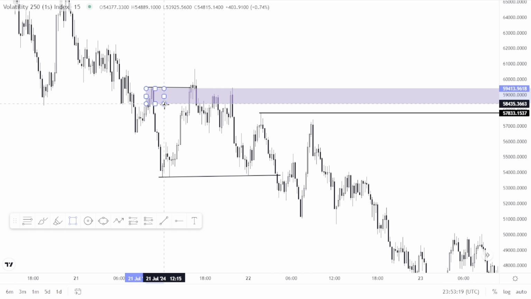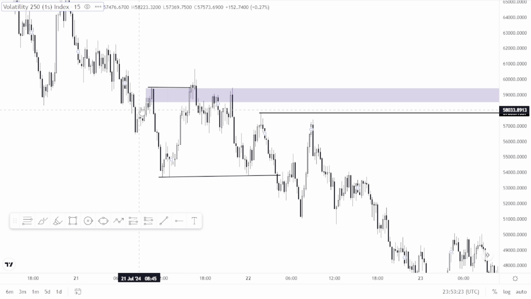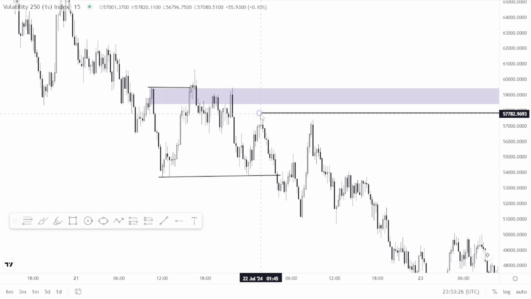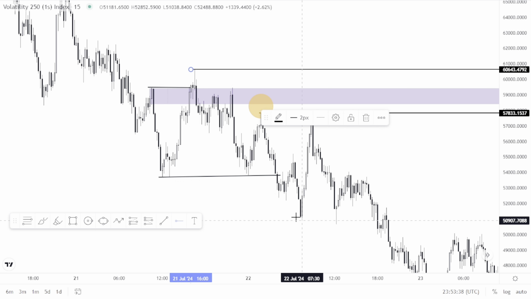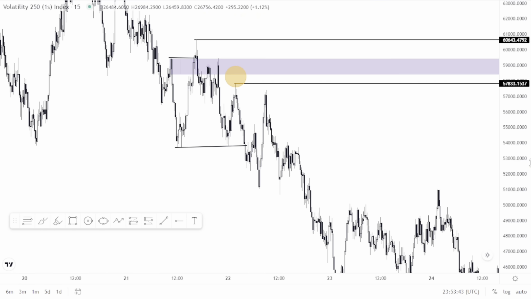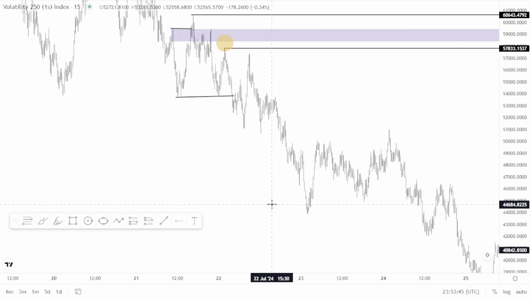since this is closer to our POI, this becomes our structural liquidity. Just take note of that. So this becomes our protected high, and this becomes our protected low.